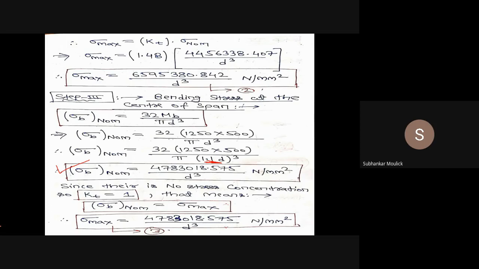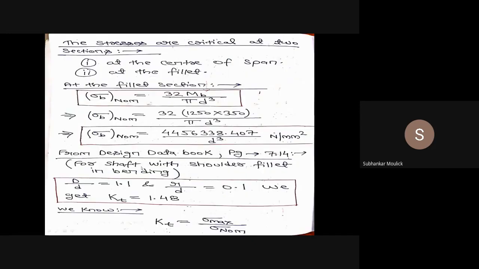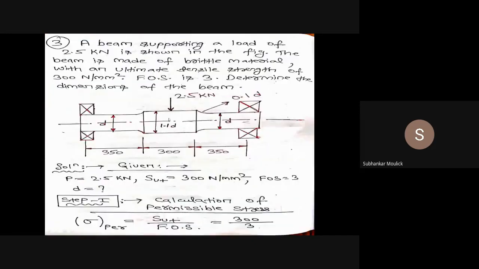Is it clear? Yes, sir. Clear. Fine. Okay. So since we got the value of sigma nominal, now we can find the value of KT. KT is sigma max by sigma nominal. Can you tell me for the mid cross section of the beam what is the value of the stress concentration factor KT?